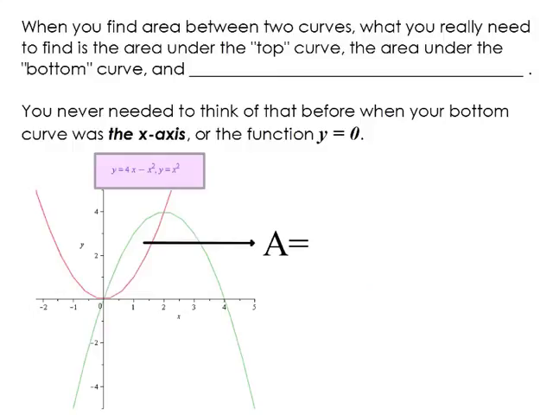Then we discussed, okay, how does that change if now, instead of just being bounded by the x-axis, you are bounded by a different curve. So we looked at, all right, if the top curve is 4x minus x squared, if you were to integrate that to this place right here, that would give you this area.